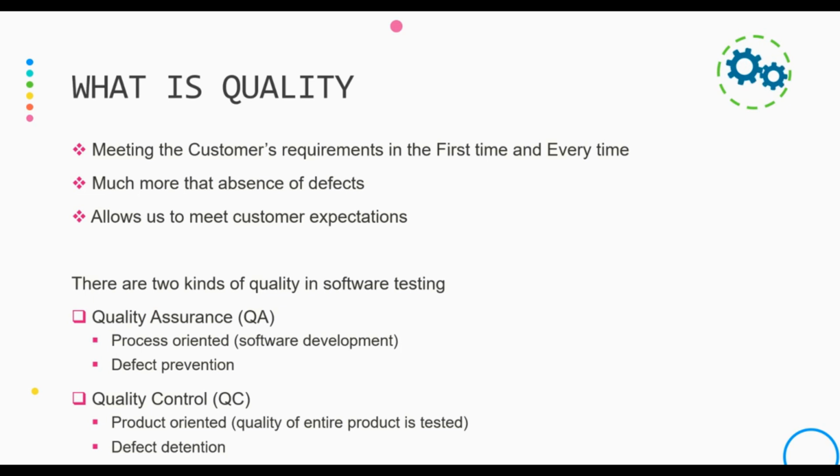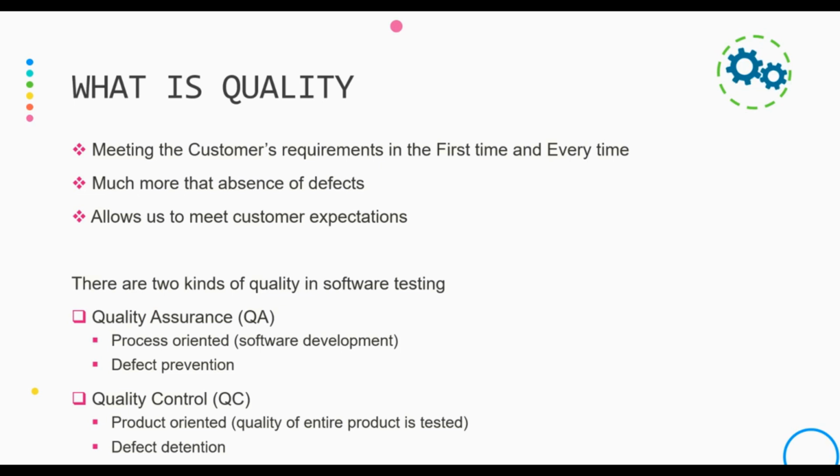That alone defines the quality of that product. If the customer is not satisfied, it means the product is not a quality product. It is much more than the absence of defects. Fewer failures or defect-free software is quality software. That's it. It allows us to meet the customer expectation.